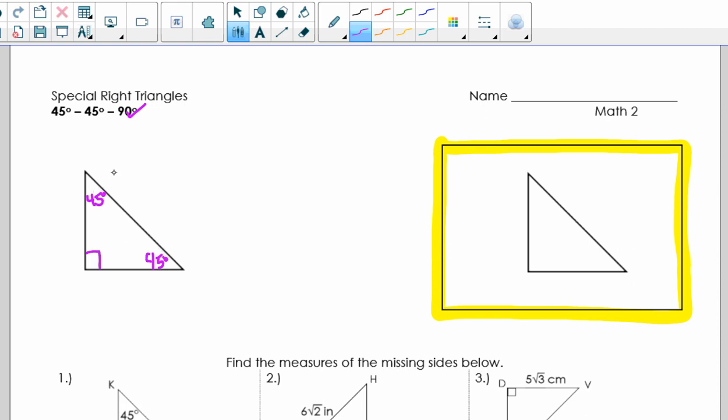Going back to Math 1, if you remember, when you have two angles that are the same, their opposite sides are also going to be congruent.